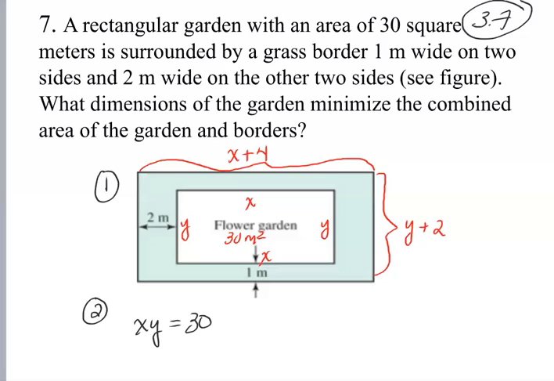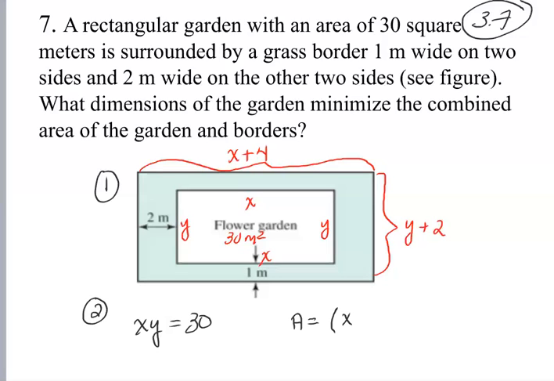I want to figure out the dimensions of the garden that minimize the combined area of the garden and the borders. So I want to minimize that combined area. So I need to find an equation for the combined area. The combined area is also a rectangle, so I'm going to multiply length by width. That area is, let's see, length.